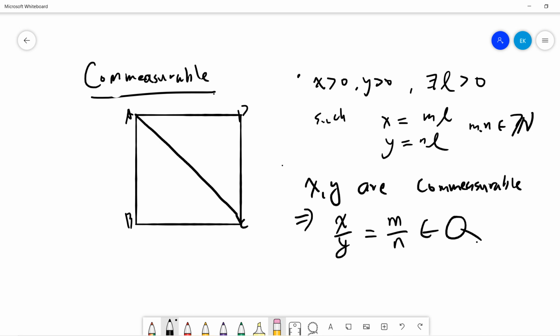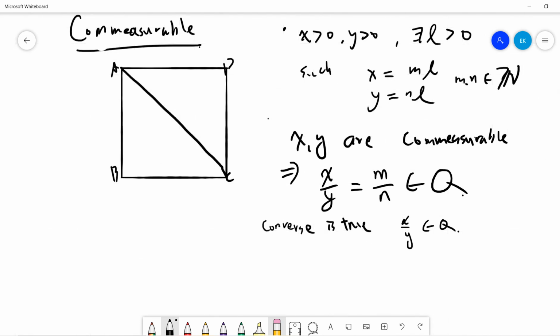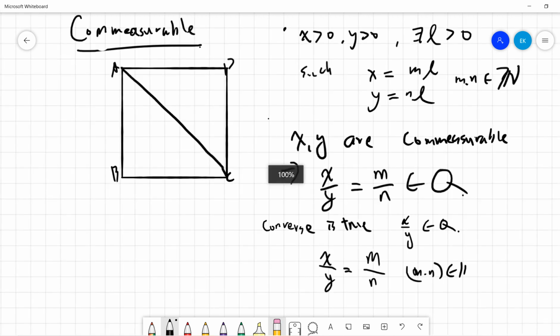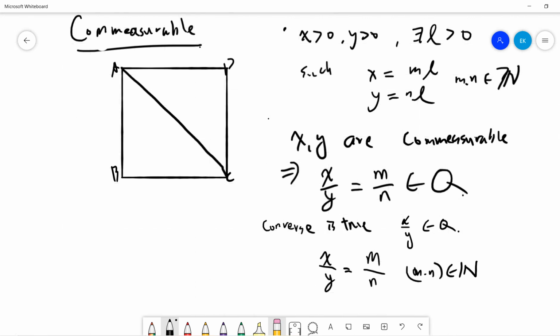But actually the converse is true. The converse means that if x divided by y is a rational number, then x and y are commensurable. The reason is also easy, because if x divided by y is rational, let's take it to be m over n, where m and n are integers.